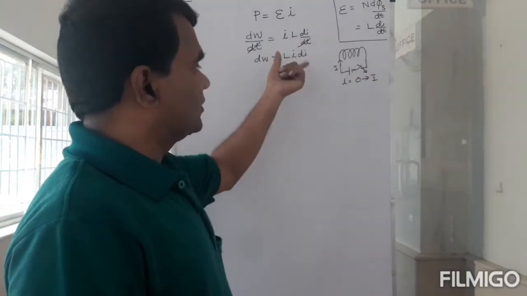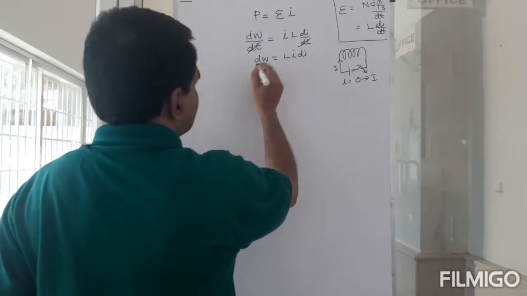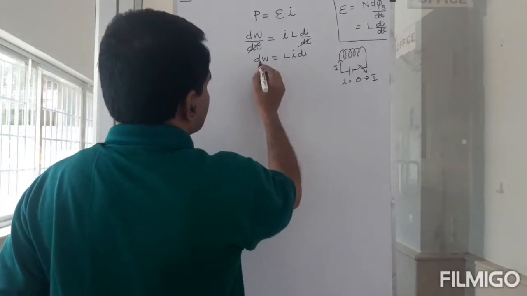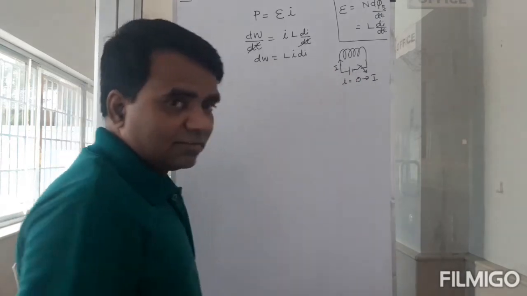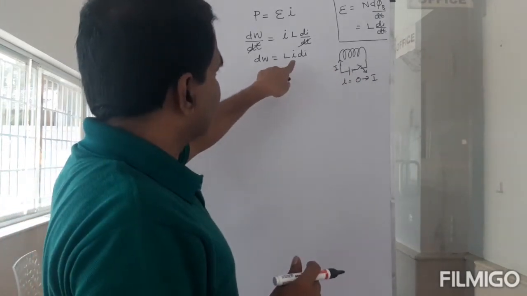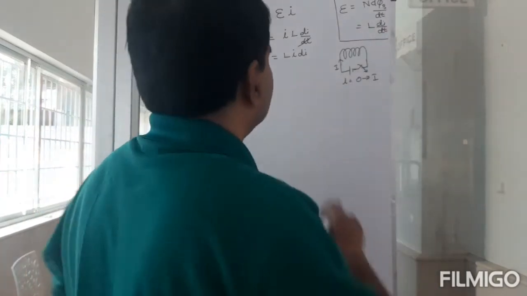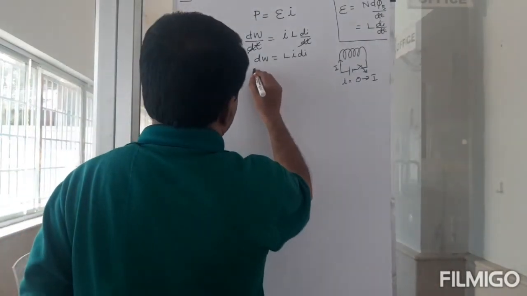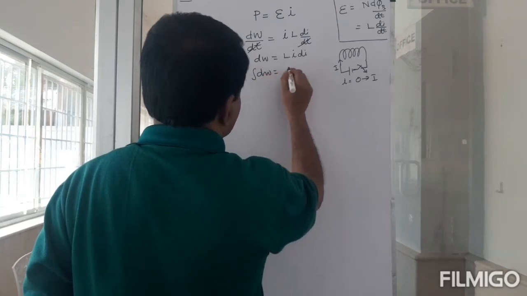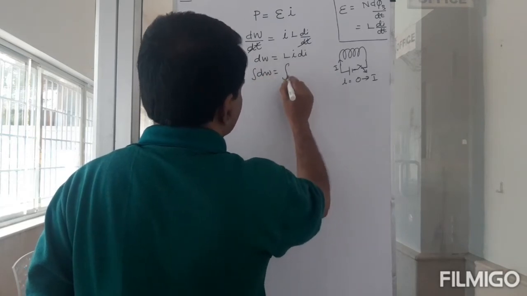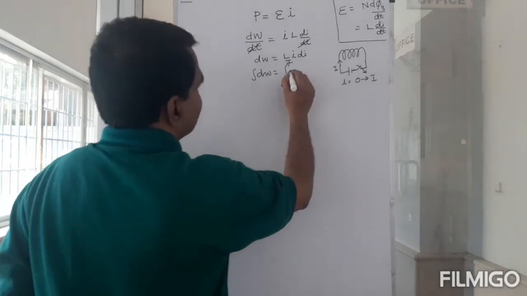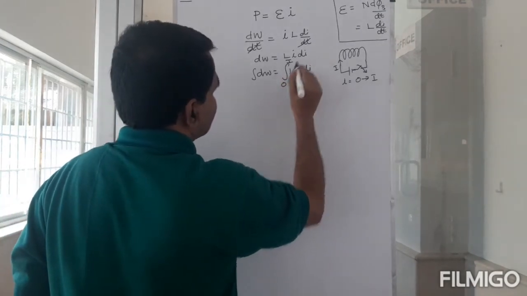So now what will happen to this expression? If I integrate this, what is the work done in going from 0 to a particular value, capital I? Work done is equal to the integral from 0 to capital I of L i di.